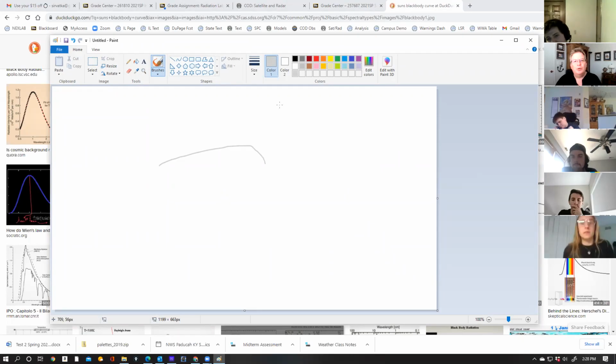Now, here's the cool thing. It's one thing to say that our eyes adapted to the sun because the sun gives off mostly visible light. You could make that argument. But here's what's really cool. Why is it that the sun is giving off the maximum radiation in the visible spectrum, and guess what gases don't absorb? Visible light.